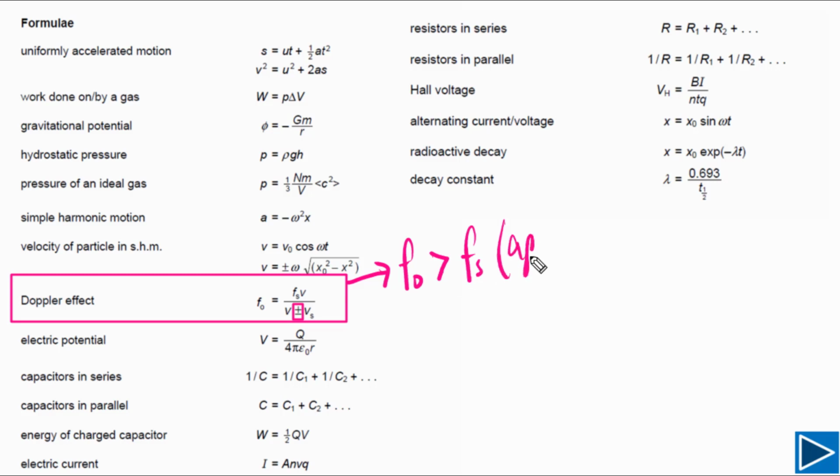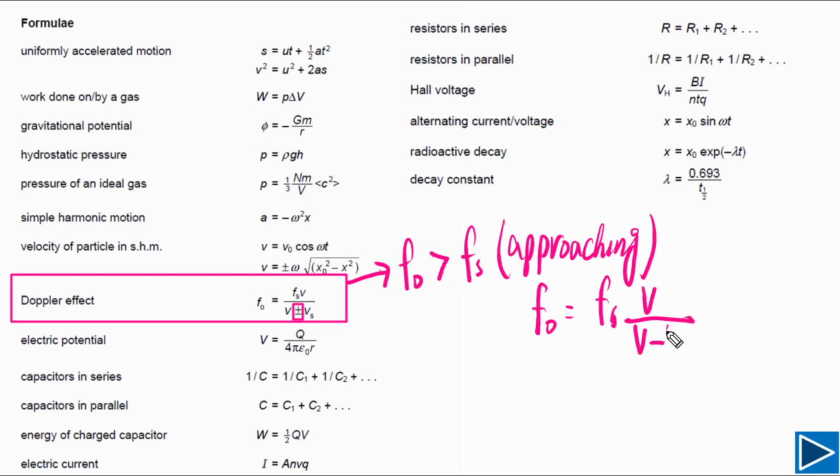So if the source is approaching, you have to use the negative sign. The formula you have to write down is f_o = f_s × v/(v − v_s).